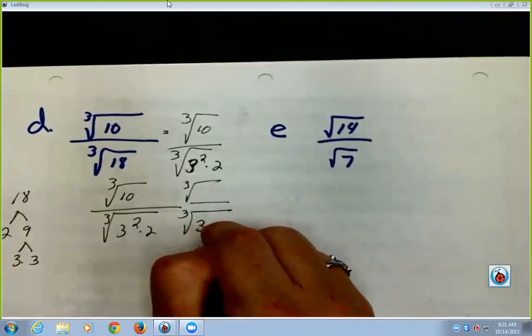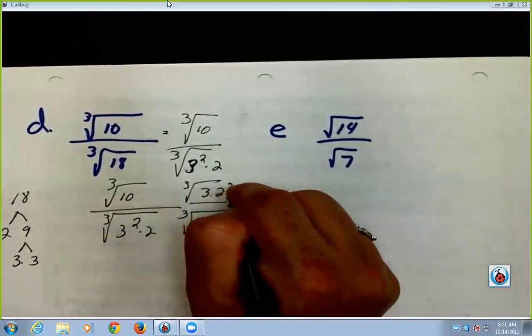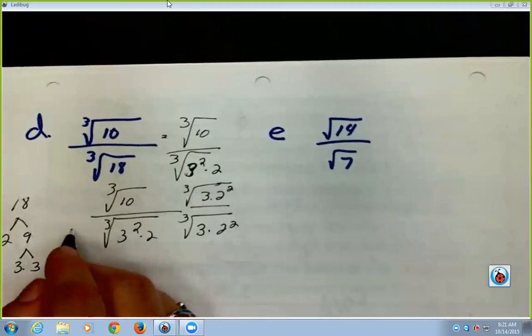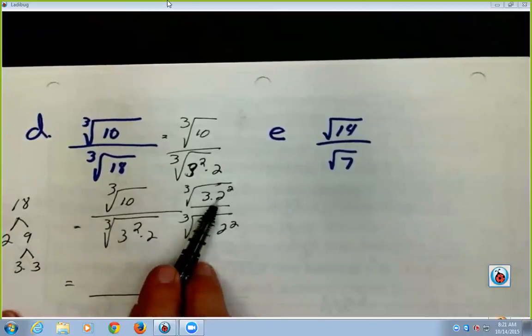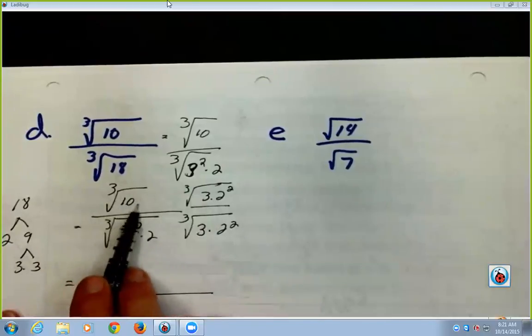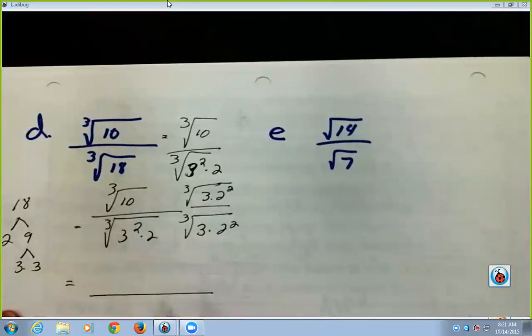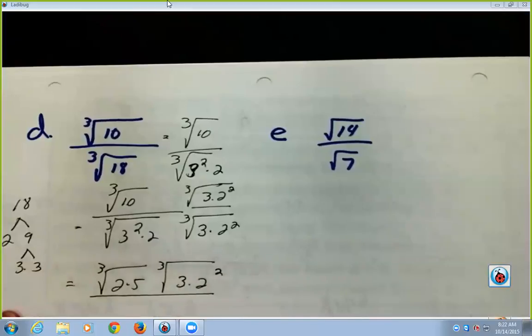I need a 3 and 2 squared. Okay. So what am I going to be left with? In the top, notice I got a 2 squared here, but what do you notice about 10? 10 is really made up of 2 times 5. So if I have the cube root of 2 times 5 times the cube root of 3 times 2 squared, that's going to be all over the cube root of 3 cubed, 2 cubed.